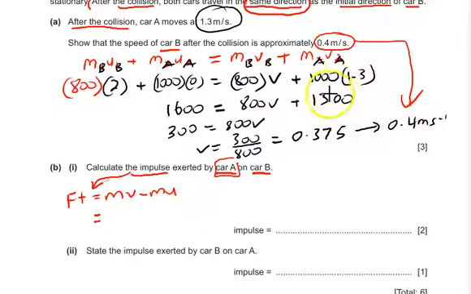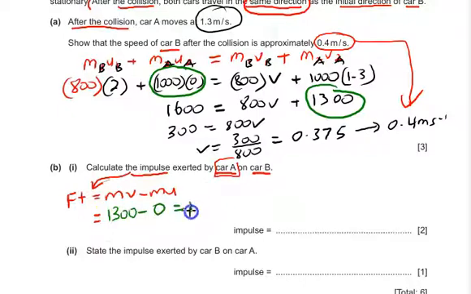You have to use this value. This is from the A, and this is from the early A. This is the U, and this is the V. So this is about 1300 minus 0. You'll be getting about 1300, and here we have kg meter per second.